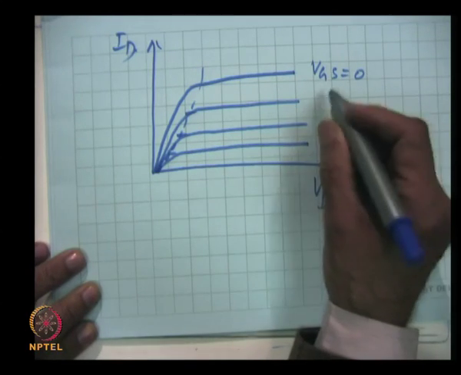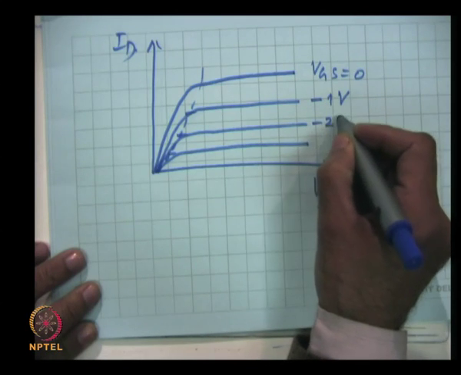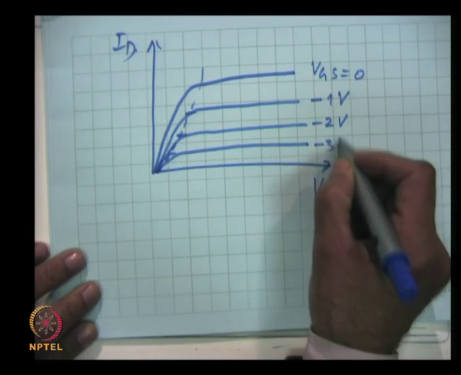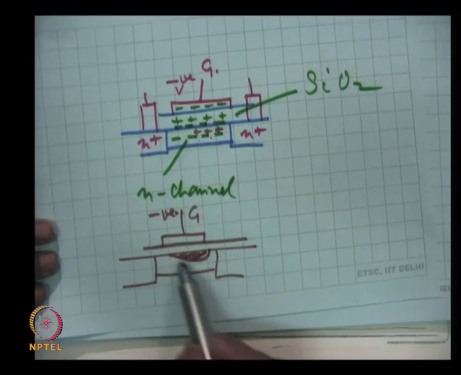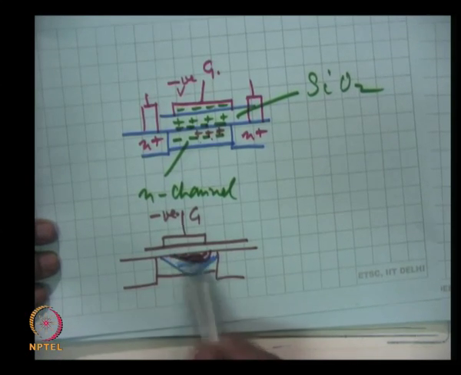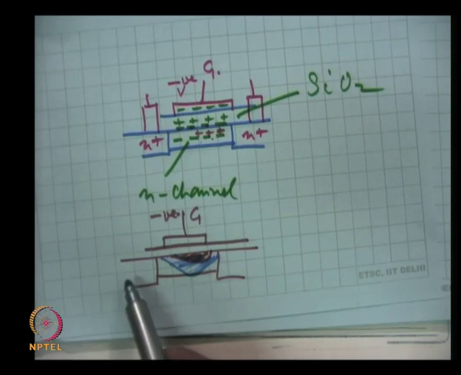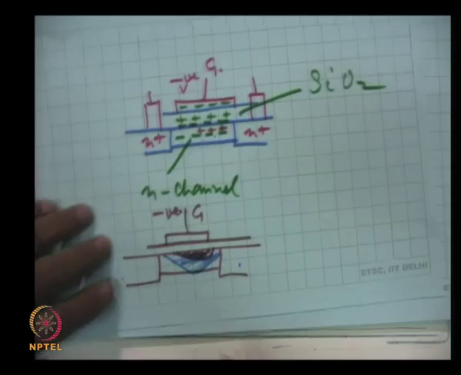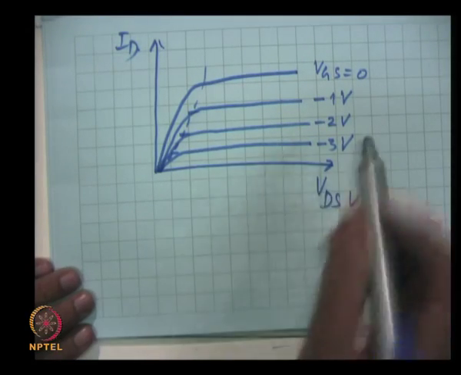This is at VGS of minus 1 volt, minus 2 volt, minus 3 volt, and so on, and a voltage may come where the depletion region has completely taken over the channel, and there is no continuity, there is no conductance between drain and source. So, here the device is off.